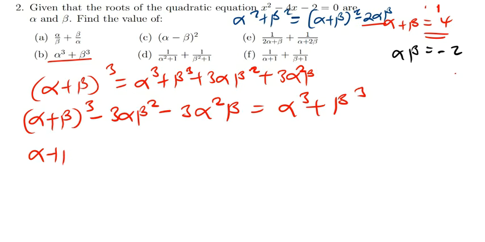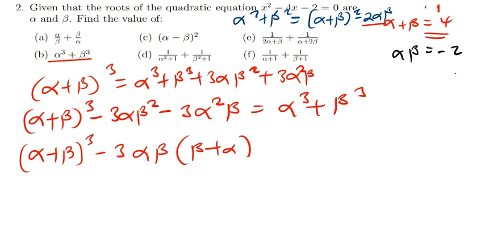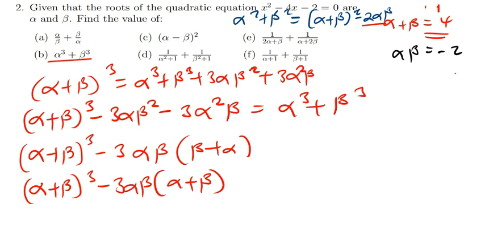So alpha plus beta raised to the power 3, I can factor out negative 3 alpha beta, and here I'll remain with, it's going to be positive now, beta plus alpha. It's not going to be beta squared, but only one beta, plus alpha. These ones can be written as alpha plus beta raised to the power 3 minus 3 alpha beta. Then since it is positive, nothing is going to change. I can start with alpha plus beta, like that.